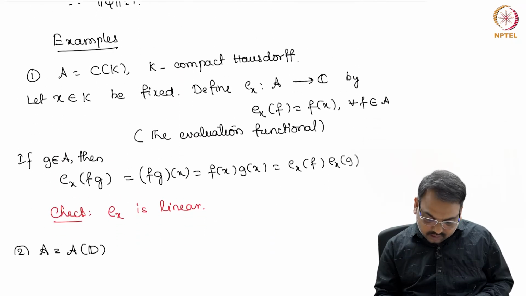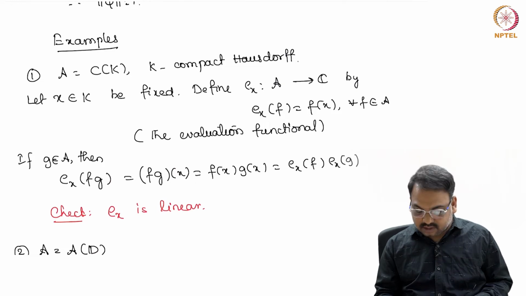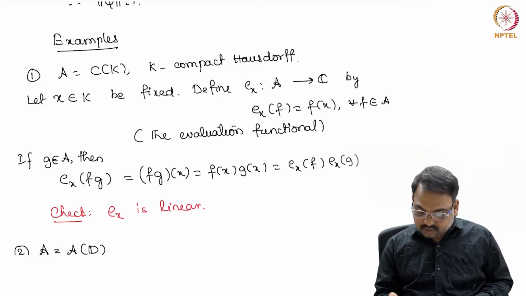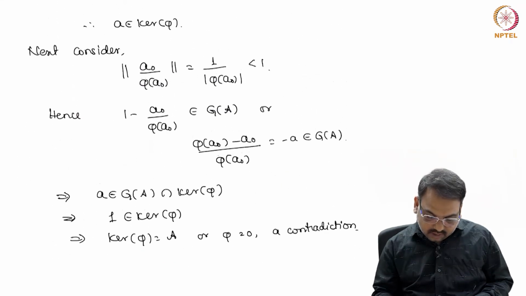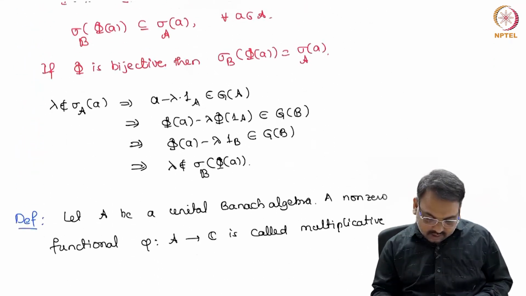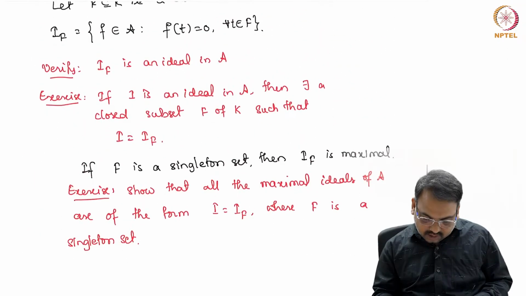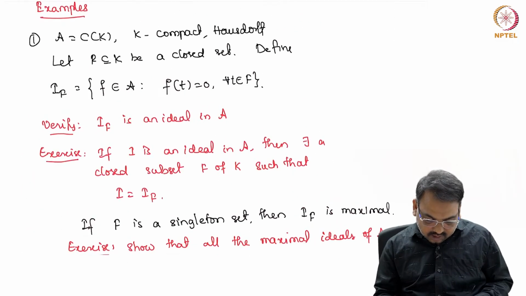And if you look at the first example, the kernel of Ex, that is the set of all f such that f(x) is 0, is exactly a particular case of the ideal I suffix f that we have seen here, where f is a singleton set, in this case {x}.